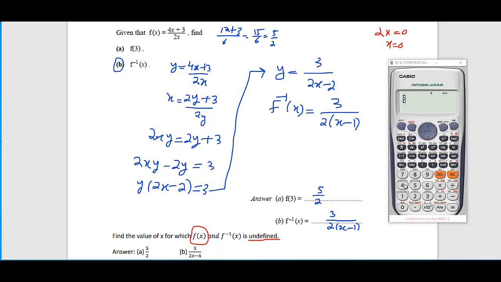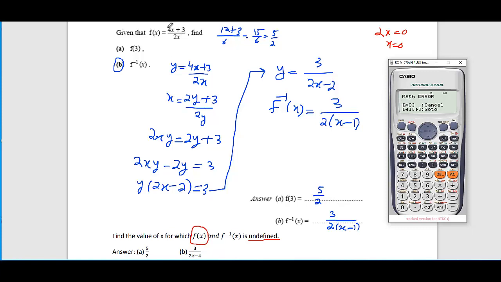So 4 into 0, plus 3, divided by 2 into 0. What I did here is I just plugged in 0 for x and saw the answer on the calculator. This is a math error here.